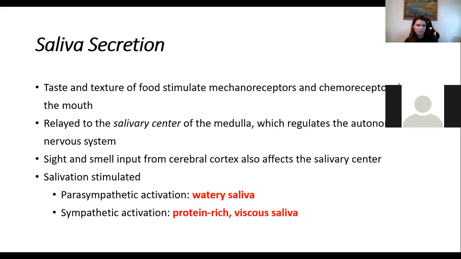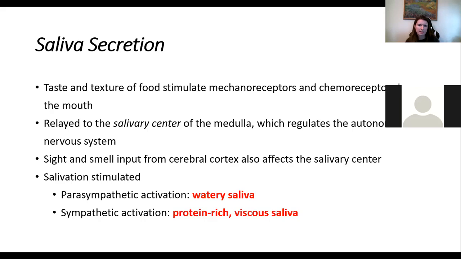So in the medulla, in your brainstem, there's a salivary center. It's like a processing center, an integration center that controls parts of your autonomic nervous system that are going to go back to the mouth and affect saliva production.